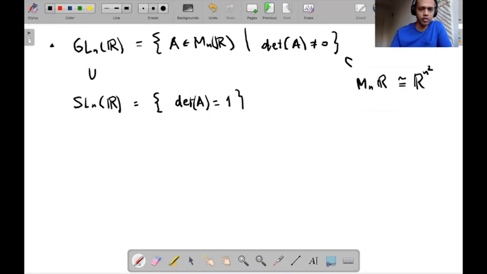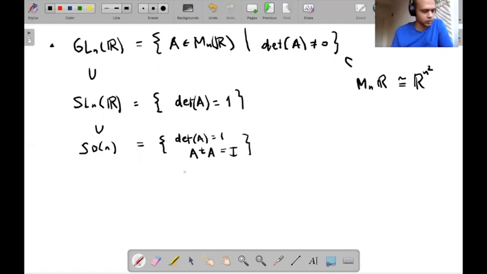So this is a subgroup. And inside of here, we have SON, which are things with determinant 1, but which are also isometries, which you can express like this. A transpose A is the identity. Okay, so these are some topological groups which are interesting.